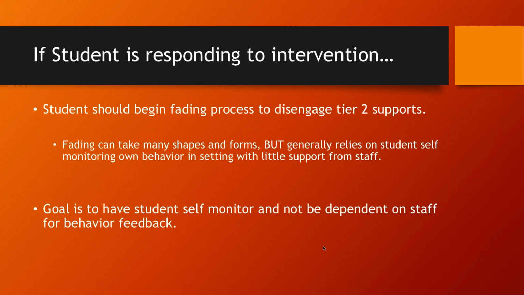But I think we really want to look at thoughtful fading, so that it includes some self-monitoring and a gradual release of responsibility, because we've put these structures in place, and staff members have helped provide that predictability, structure, and feedback for the students. So how can we help support them in doing that on their own?